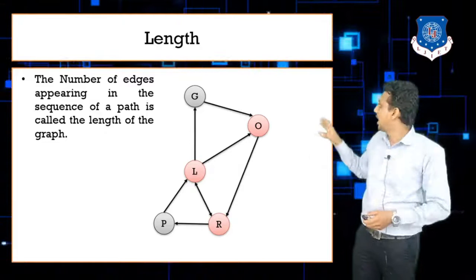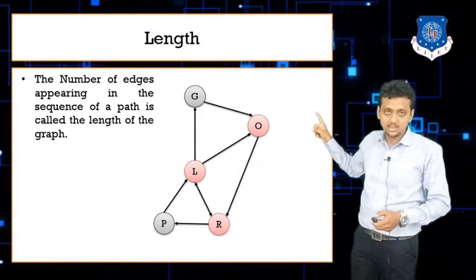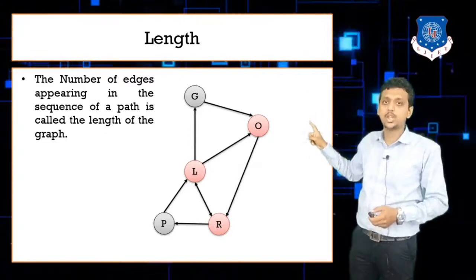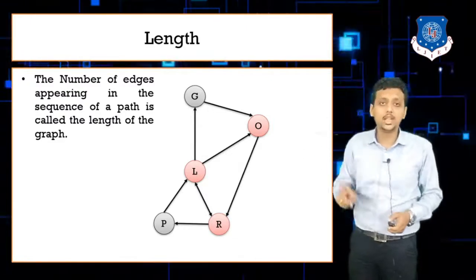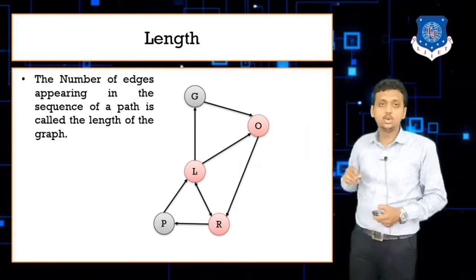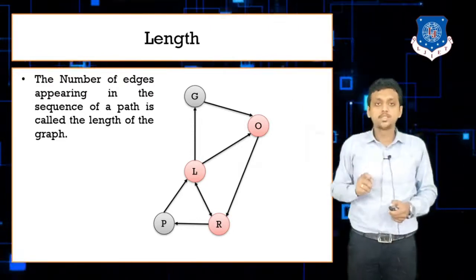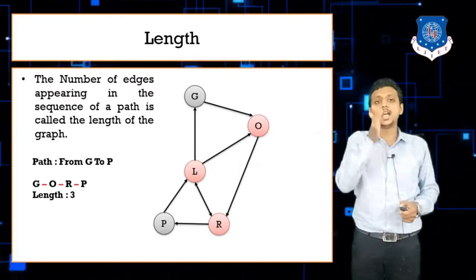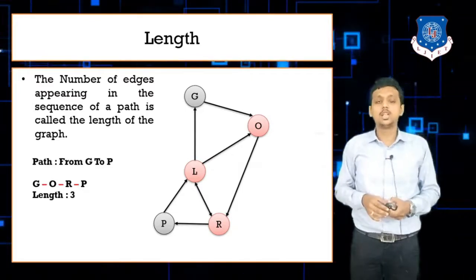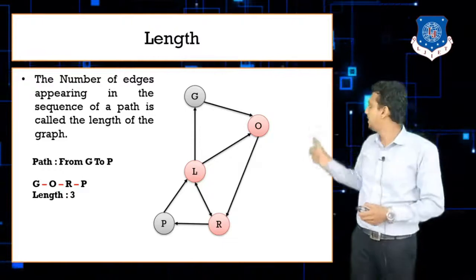I can take G to O, that is the direction from G to O. Then O to R. Then R to P. So this is the whole path to reach P: G to O, O to R, R to P. So tell me, how many edges are coming in this path?